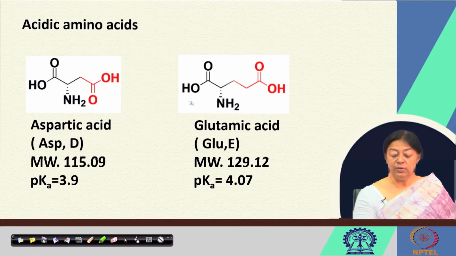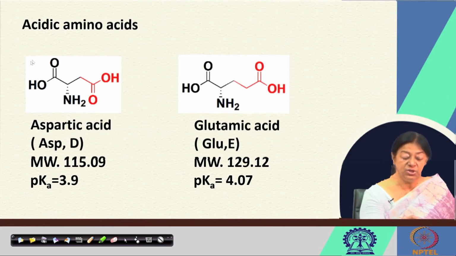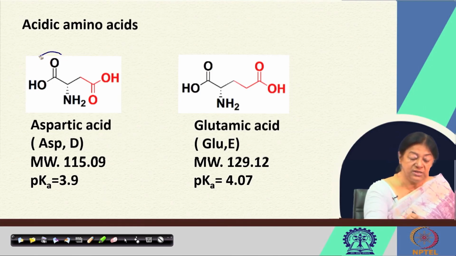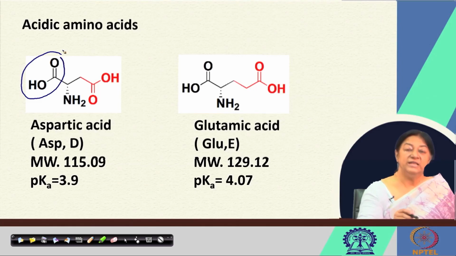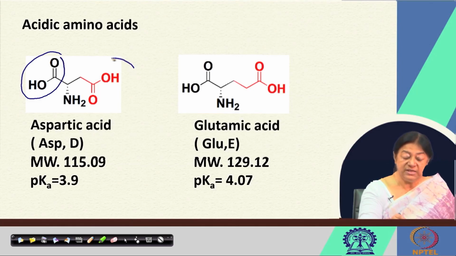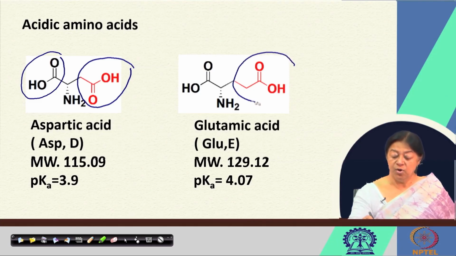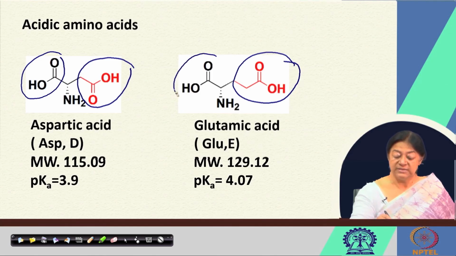If we look at these two amino acids, they are acidic because in addition to the carboxylic acid group that we see here, which is inherent to the amino acid, the side chain also has a carboxylic acid associated with it. Similarly, for glutamic acid.